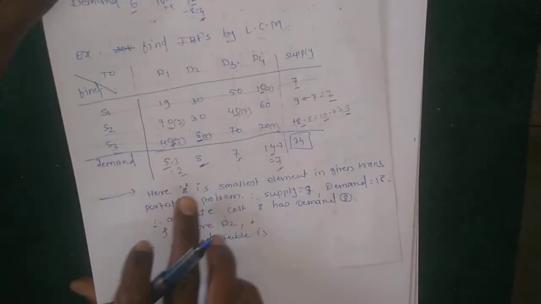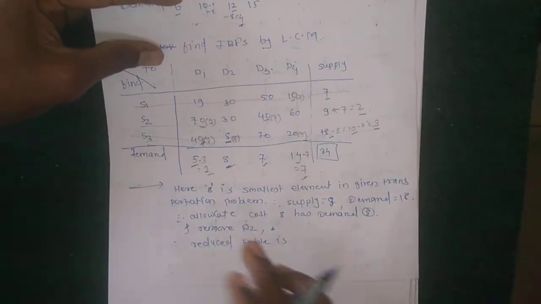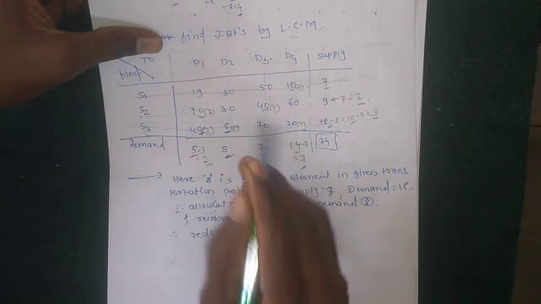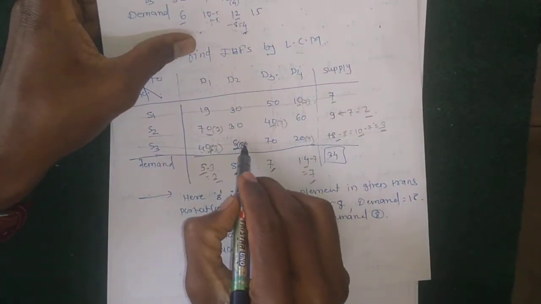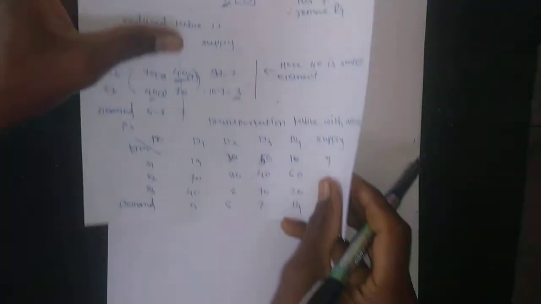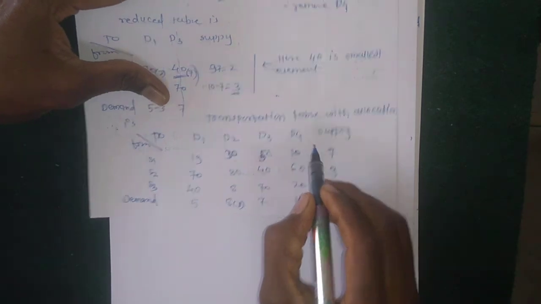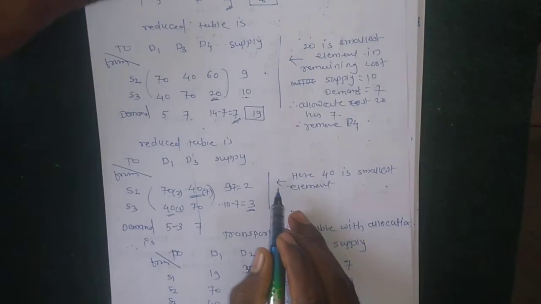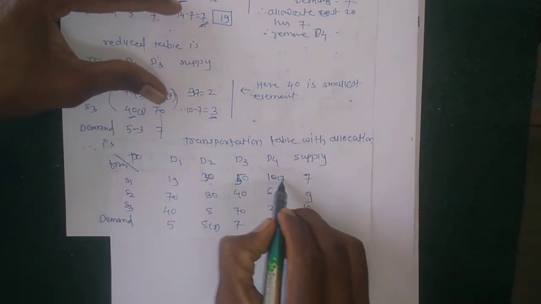Then their allocation: for the first table, 8 has allocation 8. Then 10 has allocation 7.